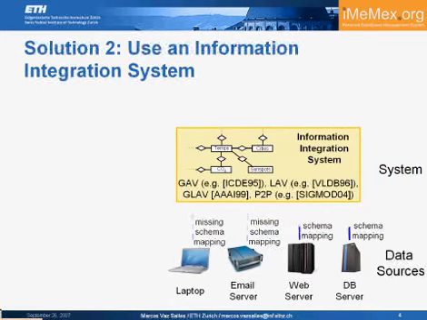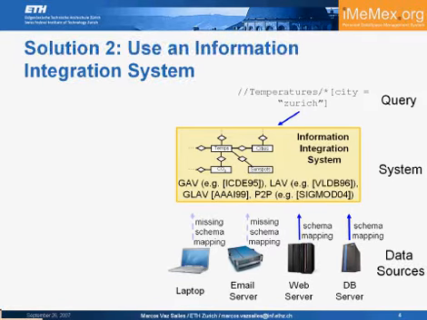We could use instead an information integration system. Such systems provide precise query semantics because schema mappings are established between the schemas of the data sources and the schema of the information integration system. That may be a global mediated schema in approaches such as GAV, LAV, and GLAV, or the schema of a peer in peer-to-peer approaches.